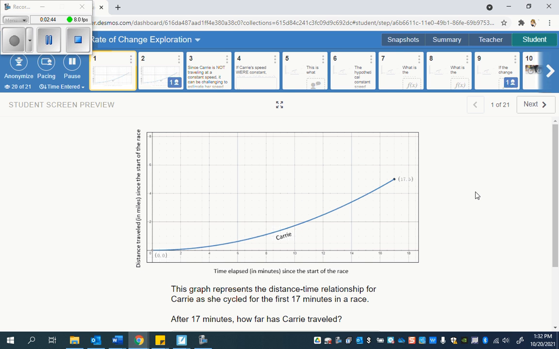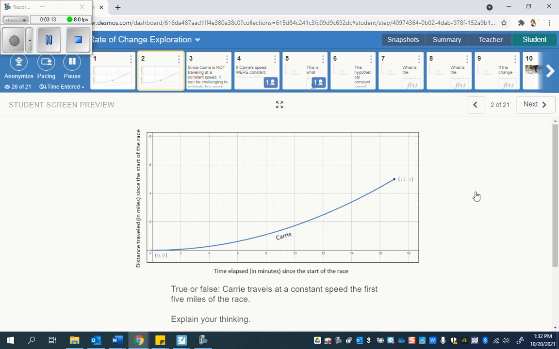Hey, after 17 minutes, if you already did the activity, you don't have to open up your computer. Just give me your attention here. So I go up by my even numbers. So when I'm talking about Carrie in the race at 17, here she is. And I believe that says 5 miles, right? After 17 minutes, Carrie has gone 5 miles.